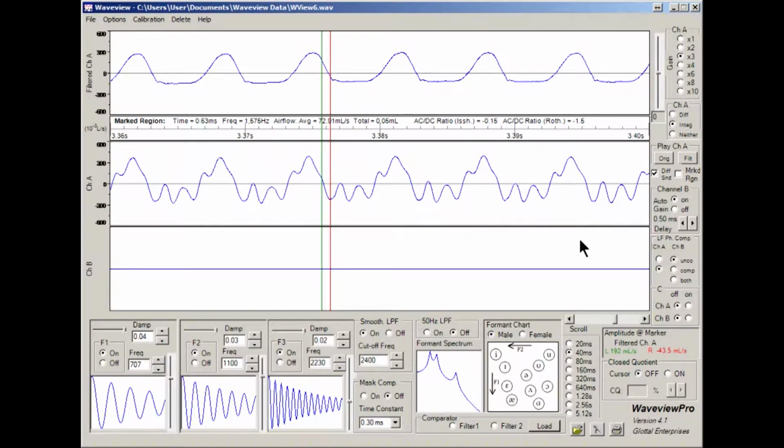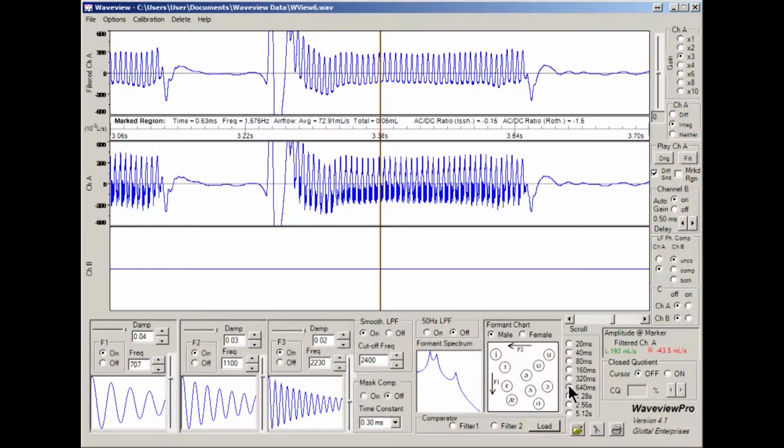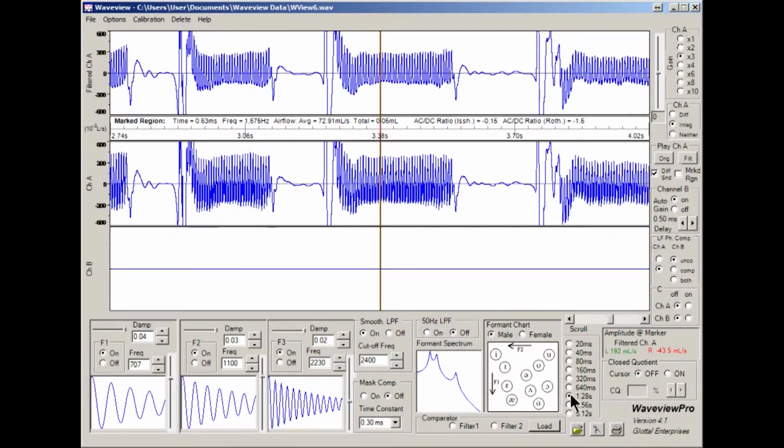Now, this was the first syllable. Let's try that with the other syllable. If I go back and get to say 640 milliseconds, I could see. Now that's pa, pa, pa.